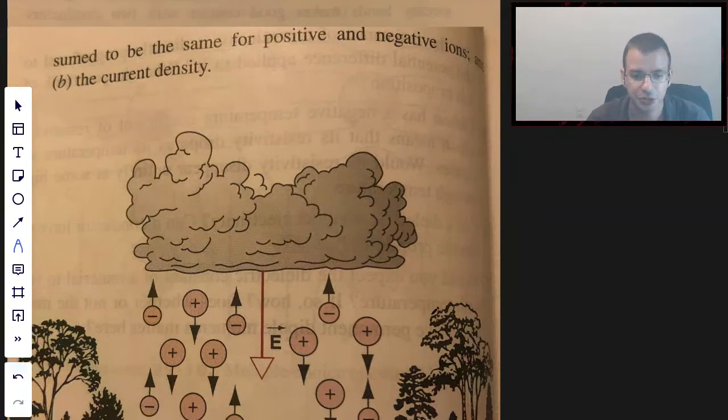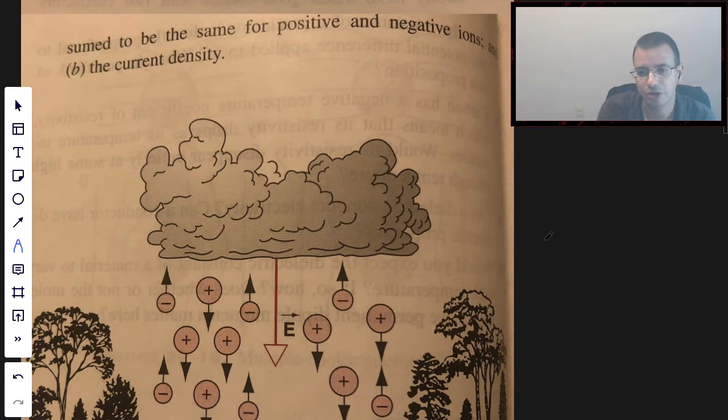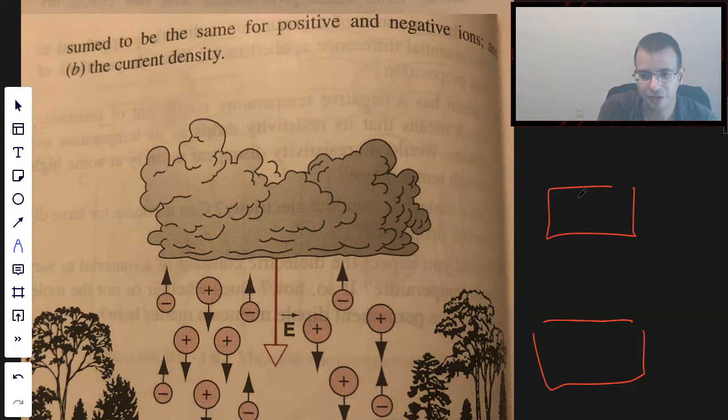Because the first intuitive thought here is, all right, we have charged particles. You basically draw an electric field. So we have positives moving down, which means the bottom is going to be negative. And we have negative charges moving up, which means the positive is going to be at the top.